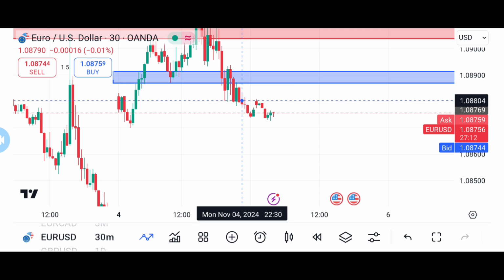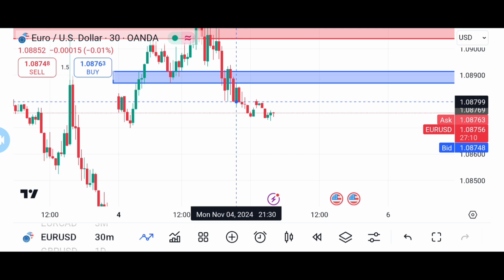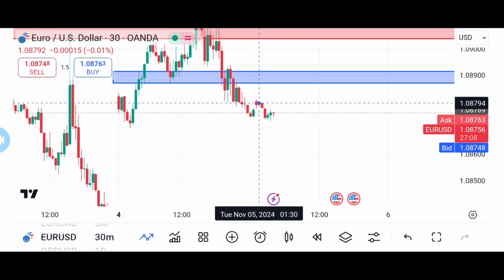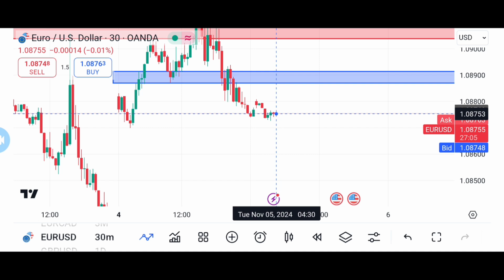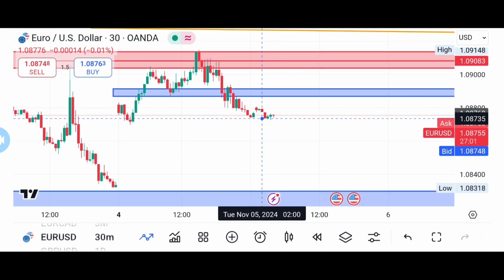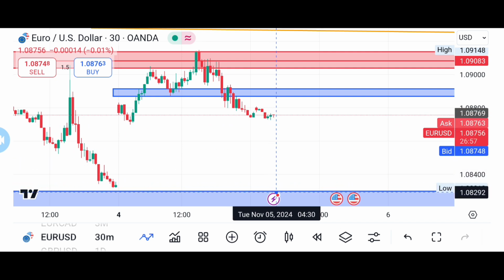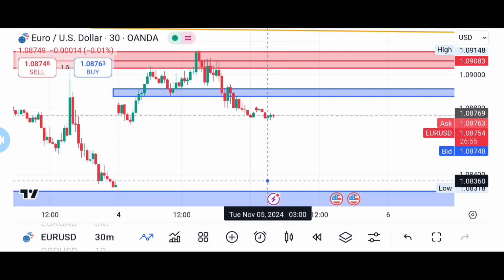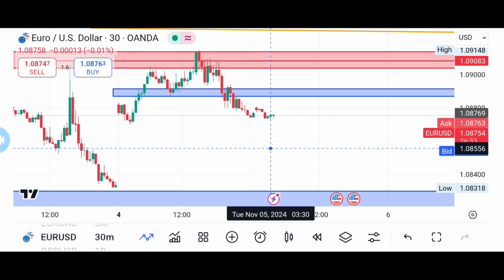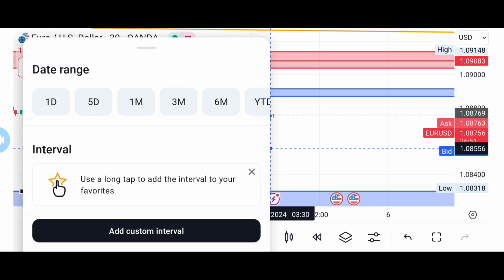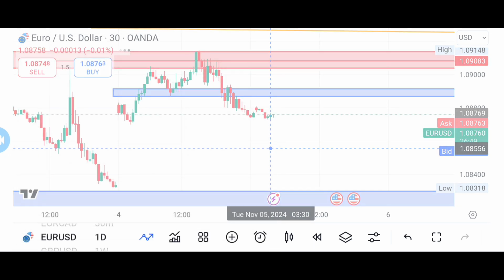If you can see this gap, this was the current support which was broken and retested. So I'm waiting to sell up to this zone, up to 1.08300. That will be my setup for EURUSD as we are waiting for the US election today.